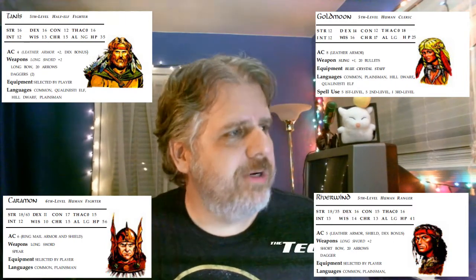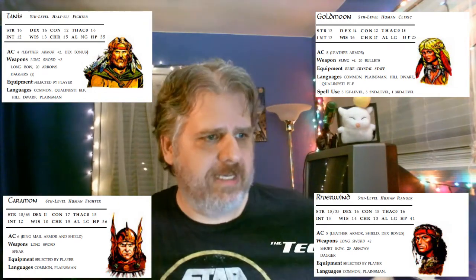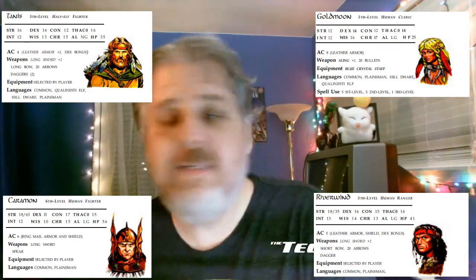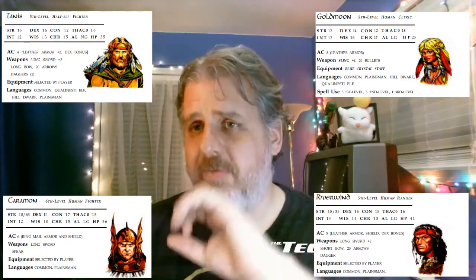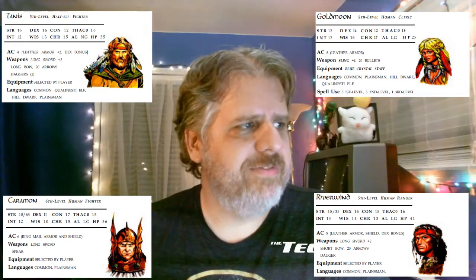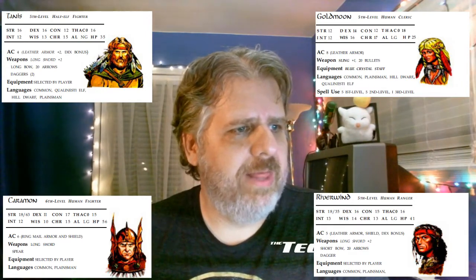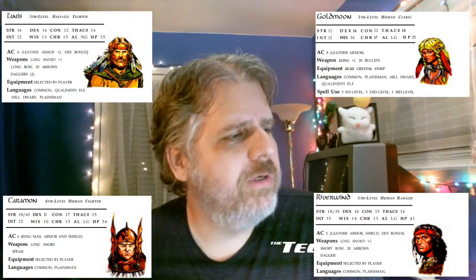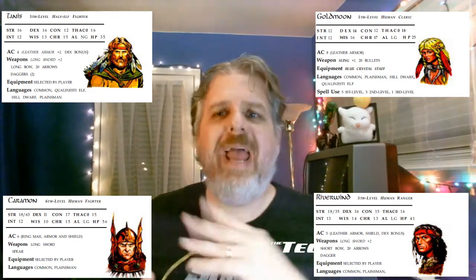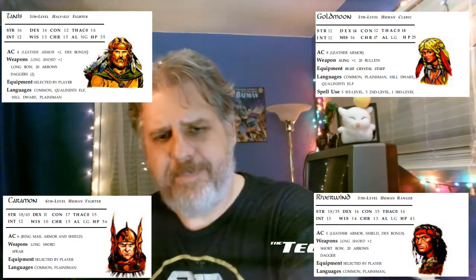Sturm and Caramon are both level 6. My apologies. A couple of level 4s. Raistlin is the lowest level at level 3. Everyone else is level 5. So we've got three level 5s, a couple of level 4s, a level 3, and a couple of level 6s. We seem to be averaging out about 5.